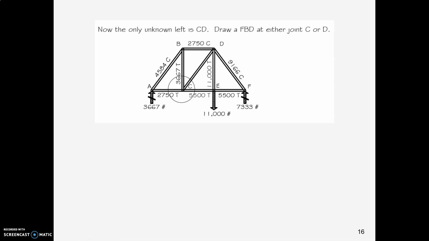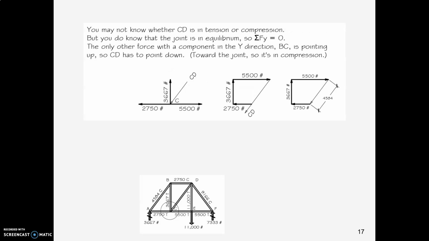Now, looking at my force summation diagram, the only other unknown is this slopey bar here, CD. And I could draw a free body diagram down here at the bottom or up here at the top. Kind of doesn't matter which one. I just picked the one at the bottom for no particular reason.